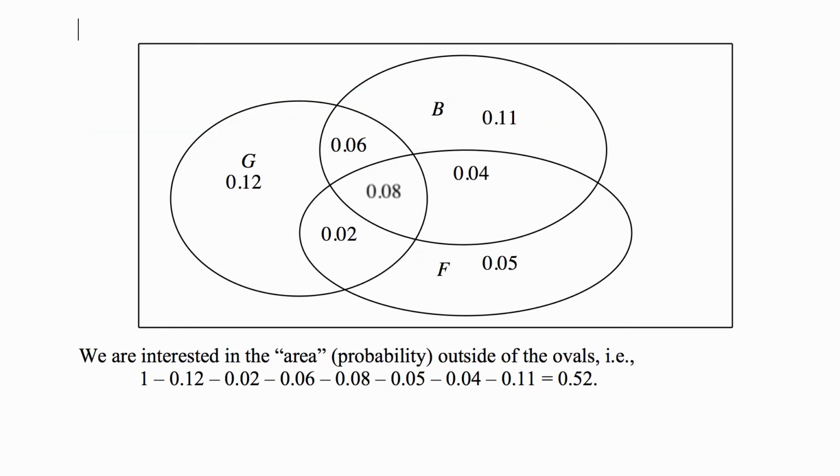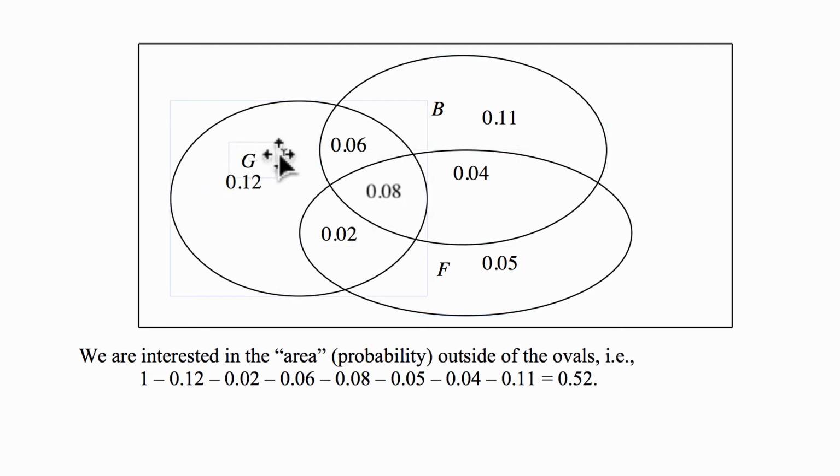So this diagram here doesn't really have these probabilities exactly as given a moment ago. Instead, I have split each event into non-overlapping pieces.